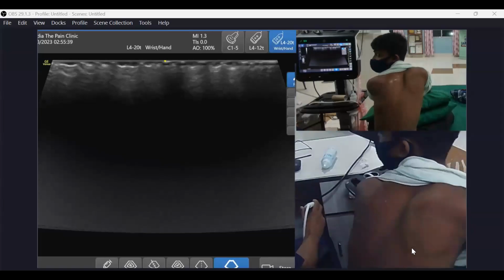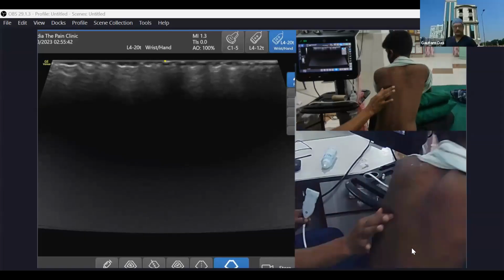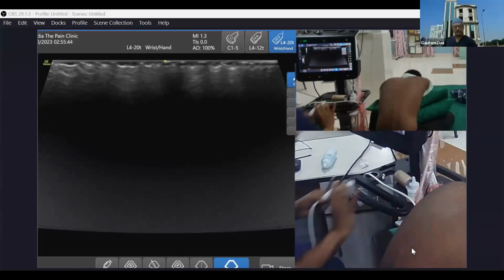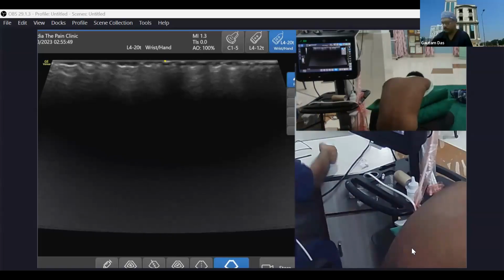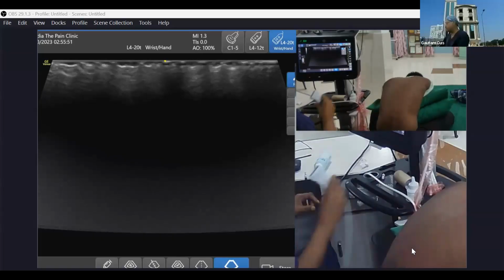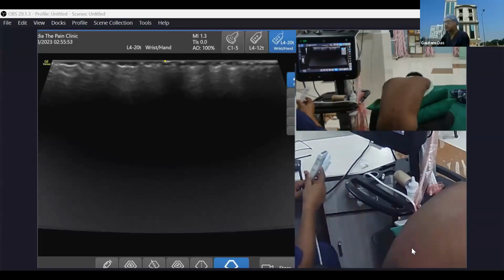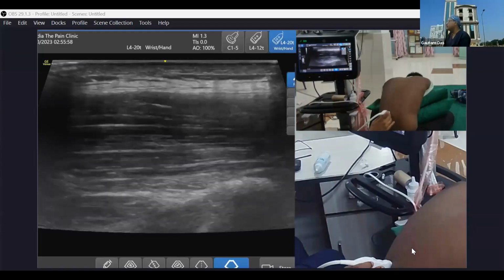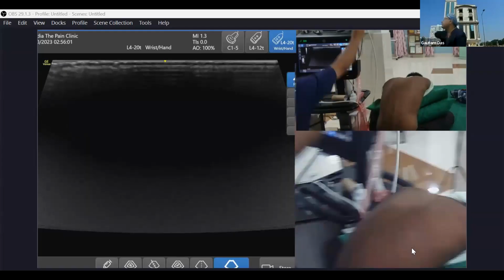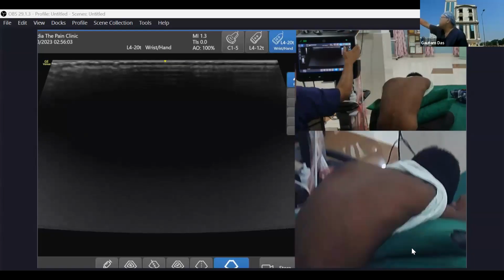Okay, now I will be showing you the lumbar area. The lumbar area will again normally start with a short axis view. Let me change the probe.